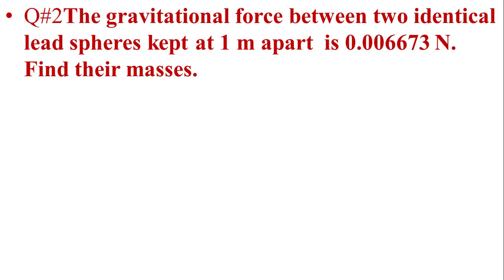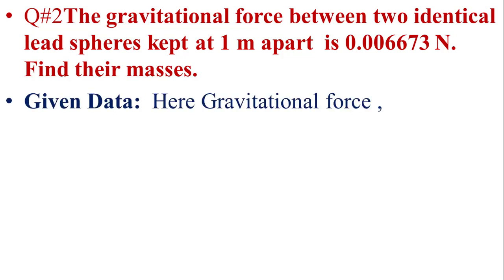Two identical masses means both masses are the same, and the distance between the spheres d is equal to 1 meter apart. And given that the force F is equal to 0.006673 Newton.